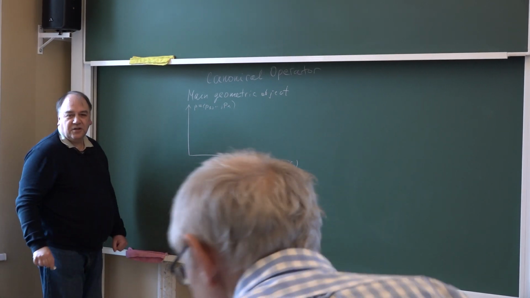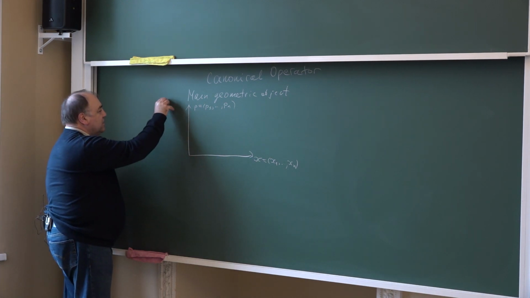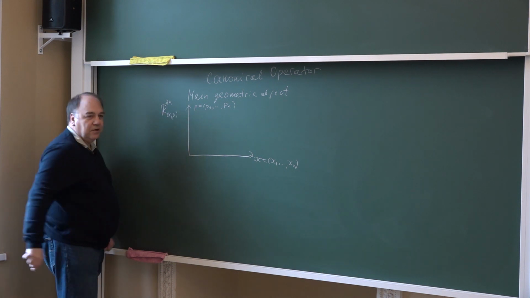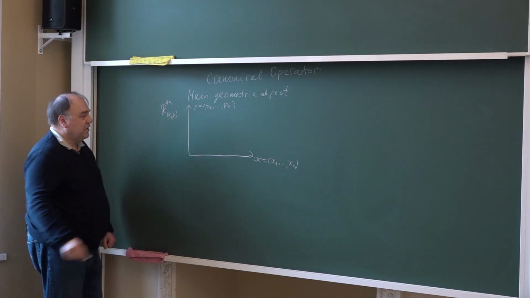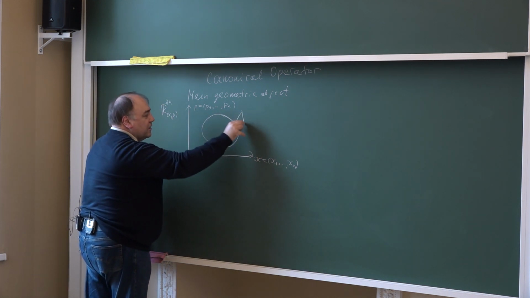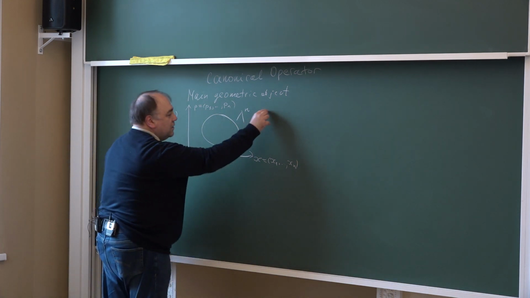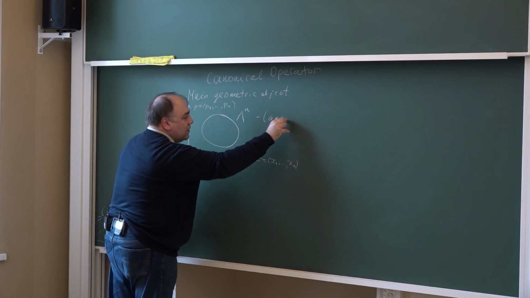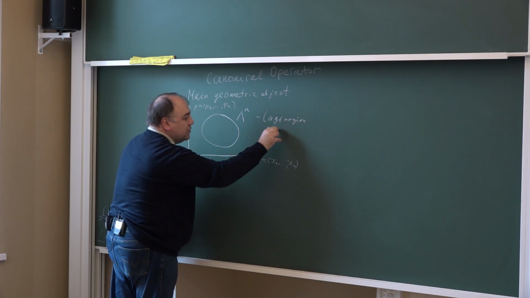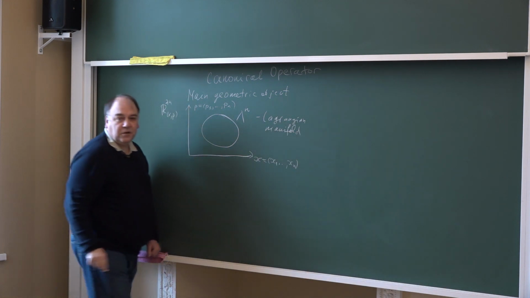And in this phase space, R^n_x × R^n_p, we have some Lagrangian manifold Λ^n.